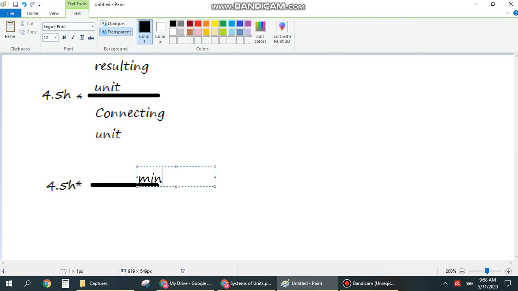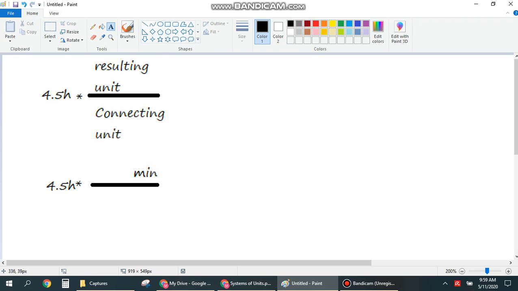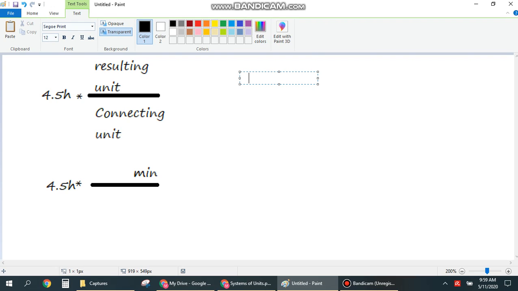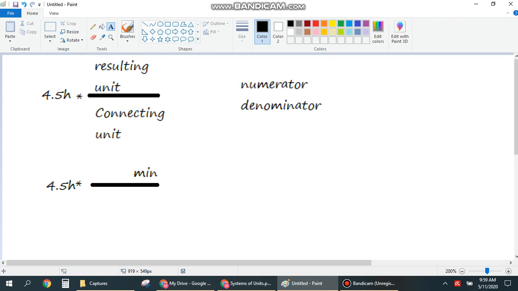So think about it: when you're converting to something, the unit that you want your result to be in is going to be at the top, in the numerator part. So we have the numerator at the top and the denominator at the bottom. That's going to be useful when you do your quizzes to know that.